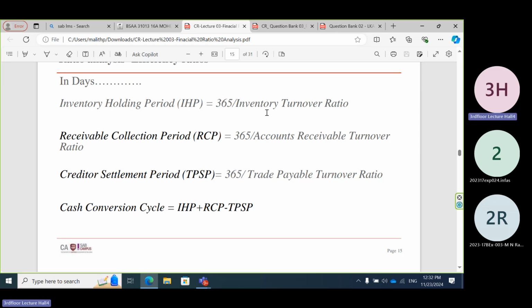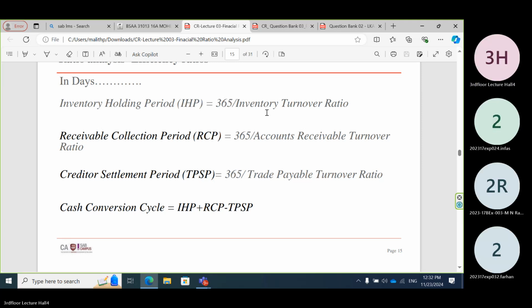Operating cycles lead control. In marketing, you have to give discounts and different strategies. Production level, marketing level, then recovery level, different strategies.